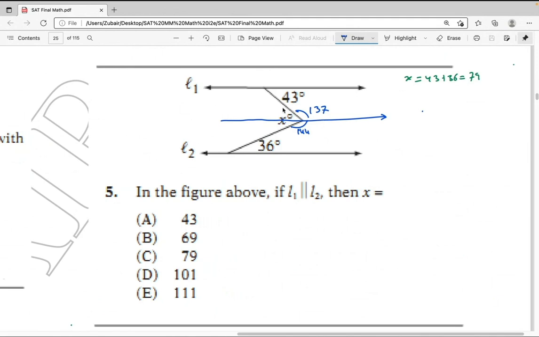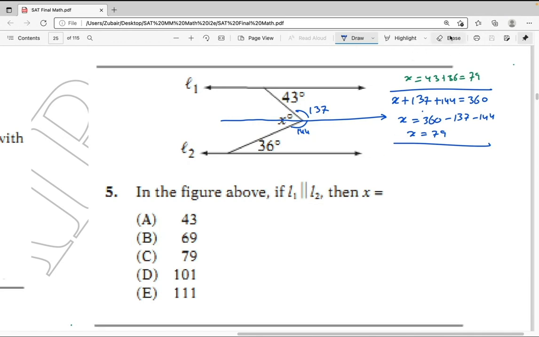So we now know that this is a complete circle equal to 360. So x equals 360 minus 137 minus 144, and x is equal to 79. And these are two approaches, and the third one is making it a quadrilateral.